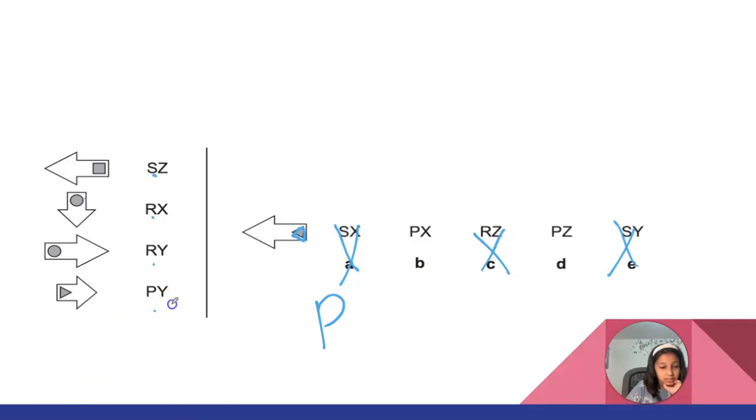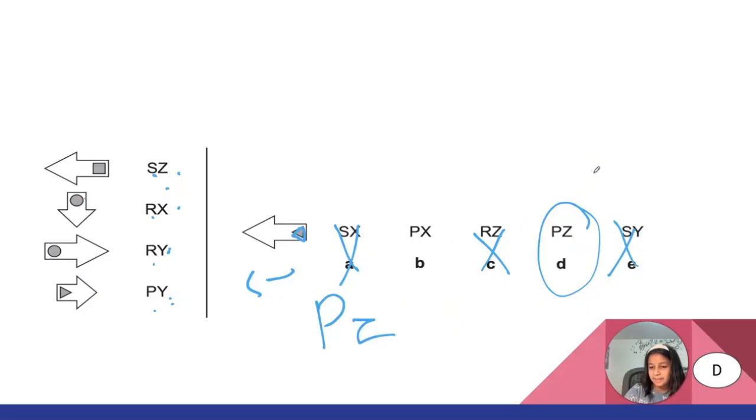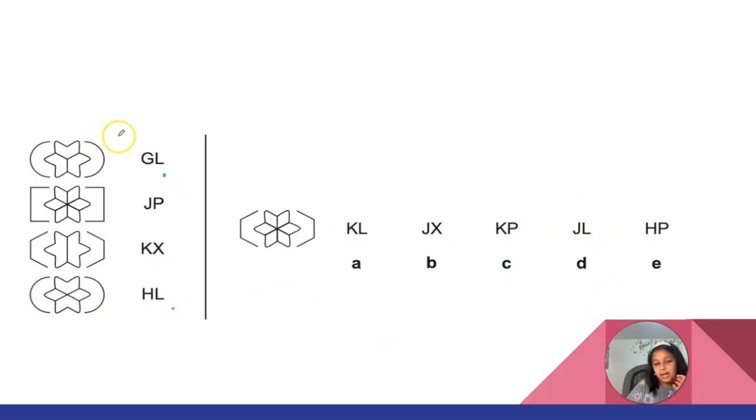Our second letter is Y, Y, X, Z. Y and Y are the same because they're both pointing in the same direction. So this one, our shape, is pointing to the left, which Z does, so it ends with Z, which leaves our answer to be D. Okay, why is that?